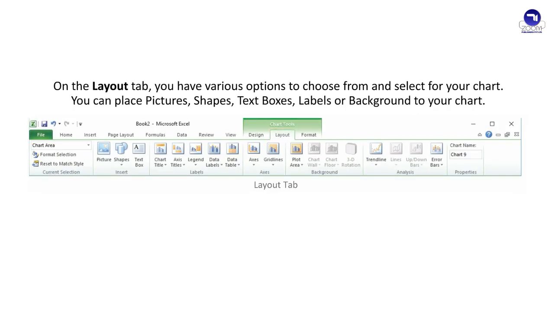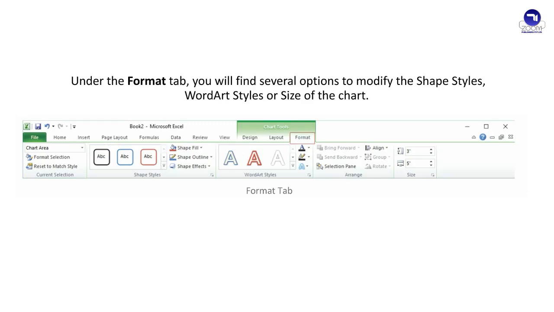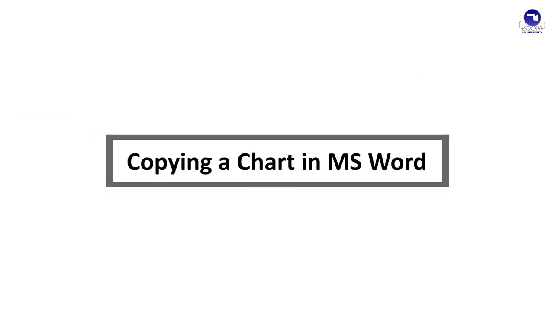On the Layout tab, you have various options to choose from and select for your chart. You can place pictures, shapes, text boxes, labels, or backgrounds to your chart. Under the Format tab, you will find several options to modify the shape, styles, word art styles, or size of the chart.